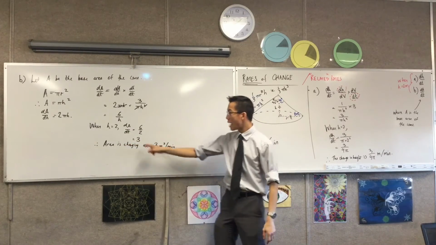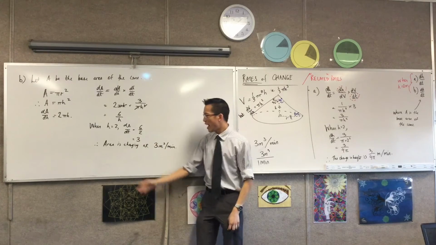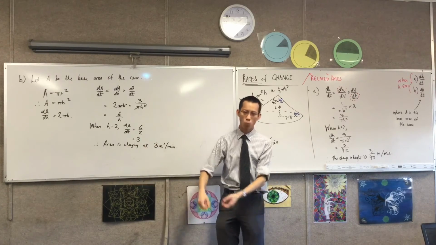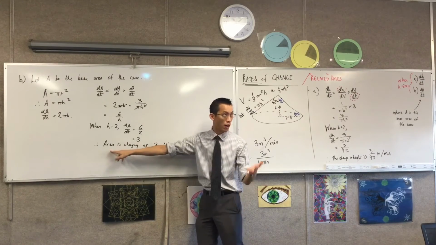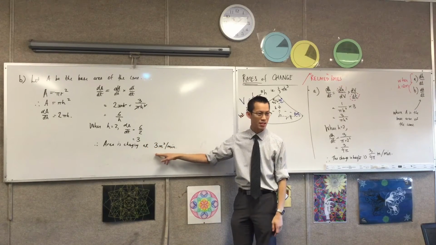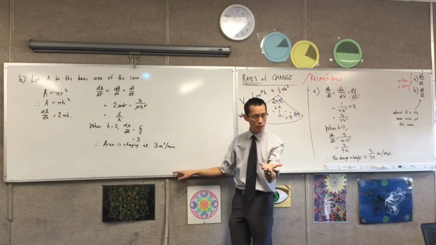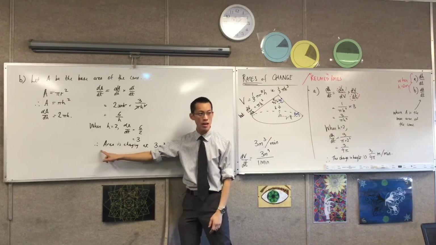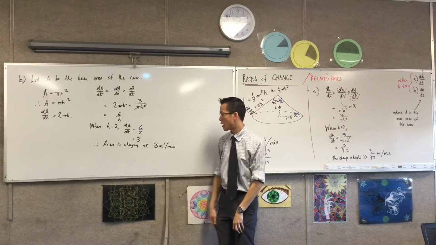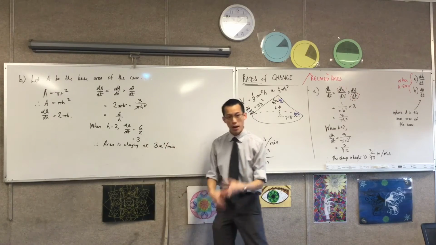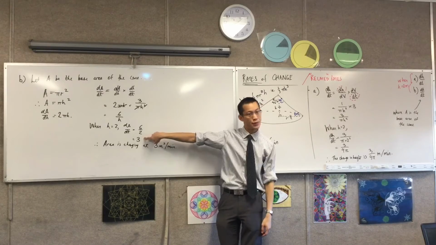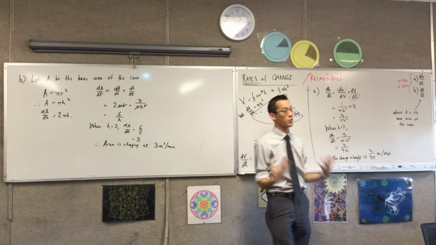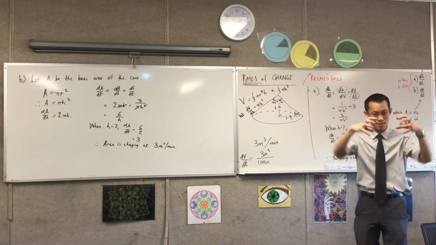If the question was, water's being taken out of the bottom of the barrel or whatever, I wouldn't say the area of that water is changing at -3 meters squared per minute. I'm using natural language, so instead I'd say the area is decreasing. So really I should have said increasing here. But that rate, whether it's getting bigger or smaller, is baked into the sign of the derivative. So we've got all of this language already developed, and now we're bringing it back to something concrete.